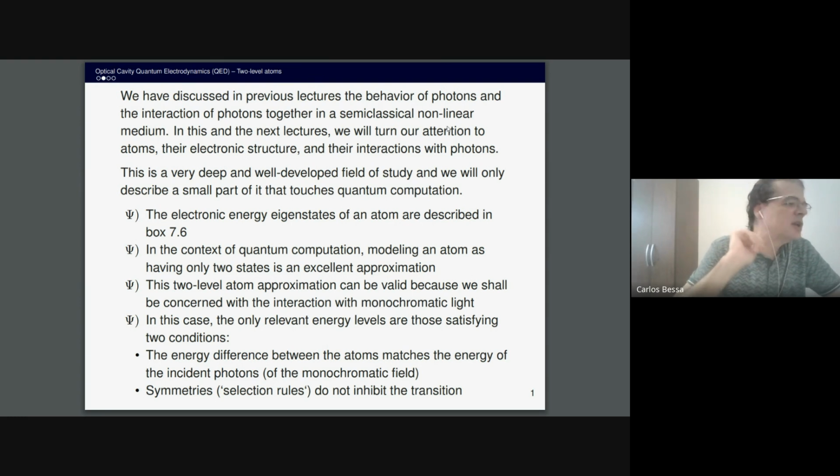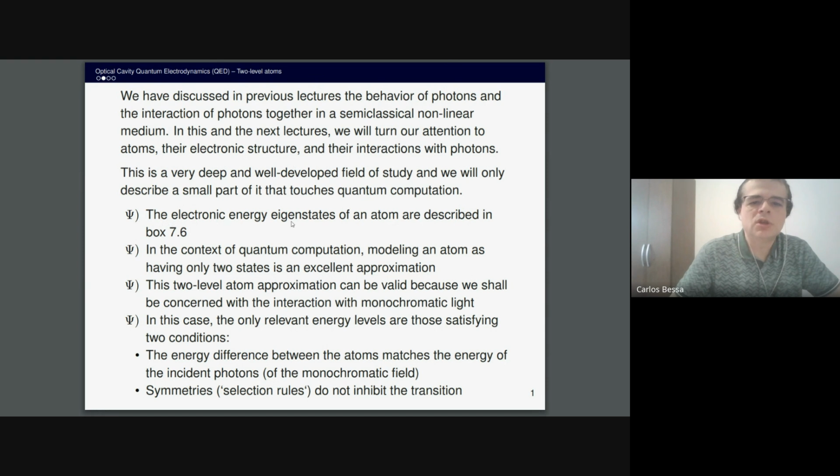So this is the idea of box 7.6. Again, we see a brief summary, more complete than in the Nielsen and Chuang book, and I'll cite references if you want to see a more complete review.